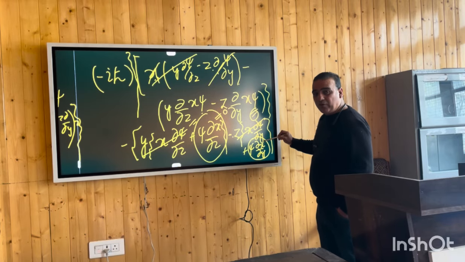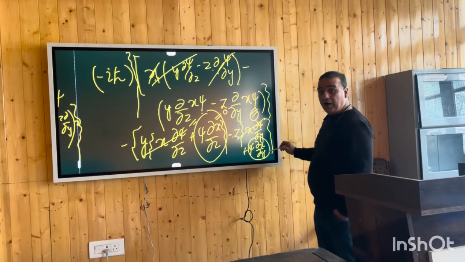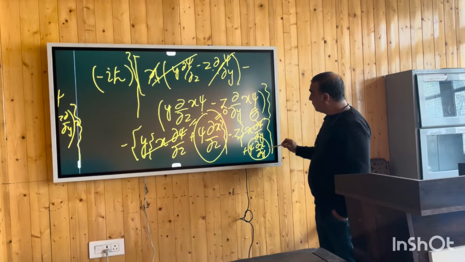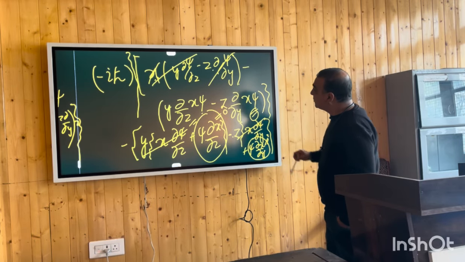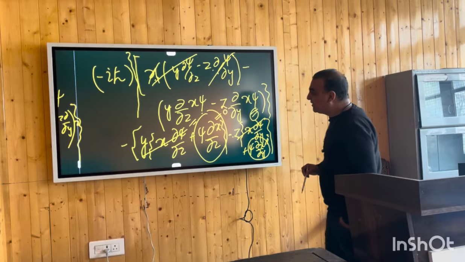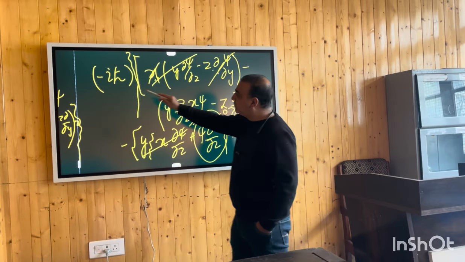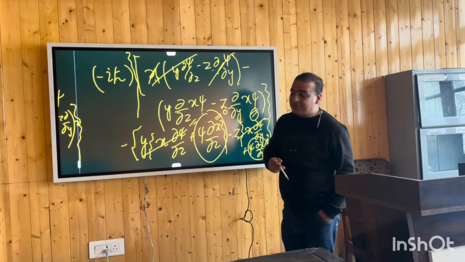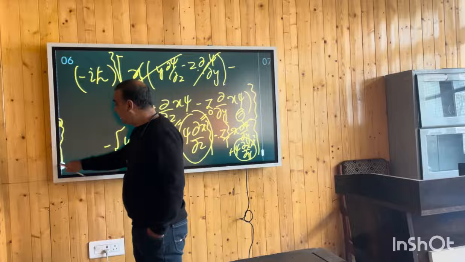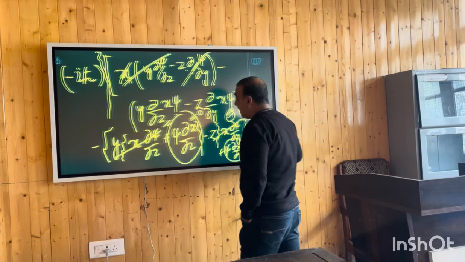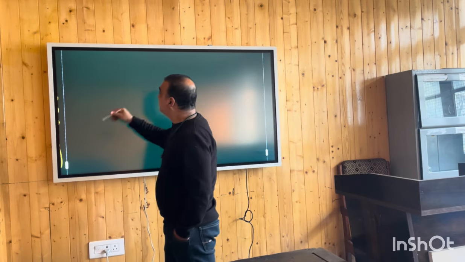So x will act as a constant for y because we are using partial derivatives. So everything is gone and you are left with nothing, and that nothing multiplied with minus iħ gives you 0. You will have a result that is 0.